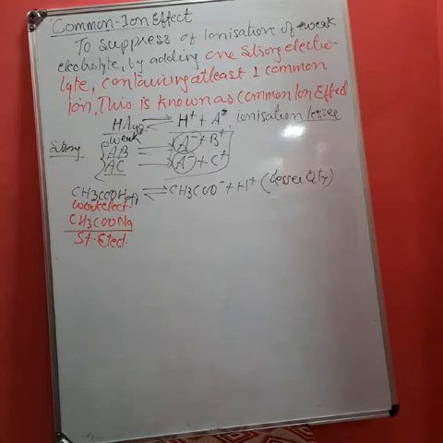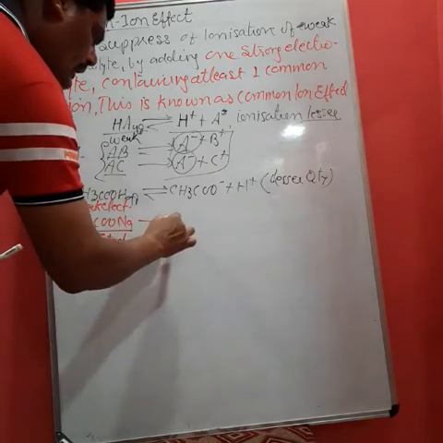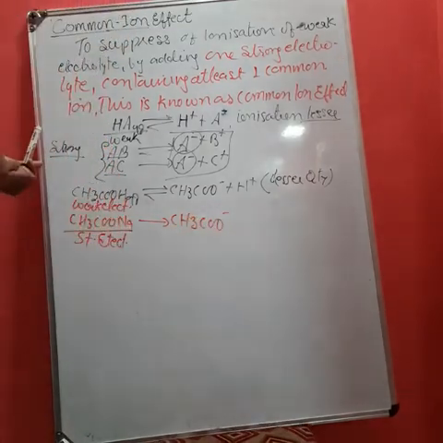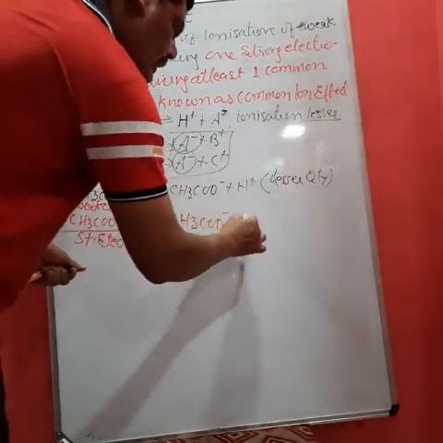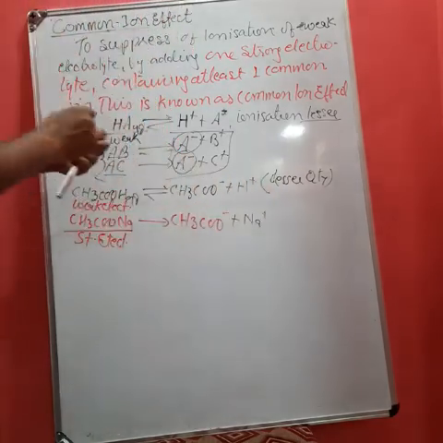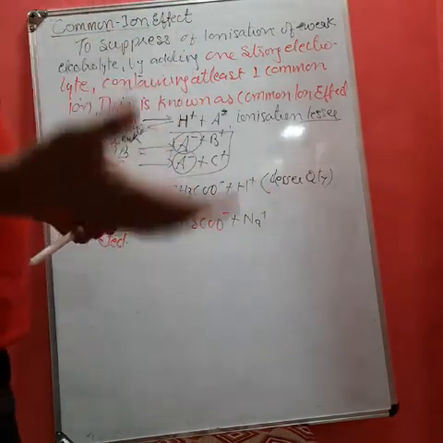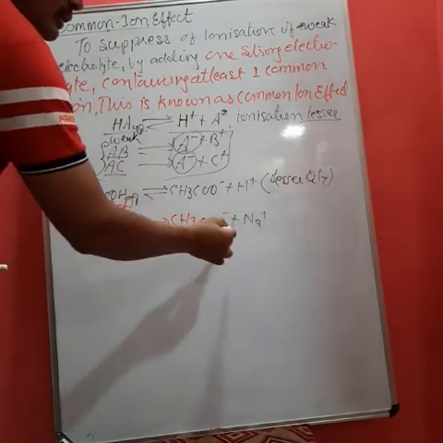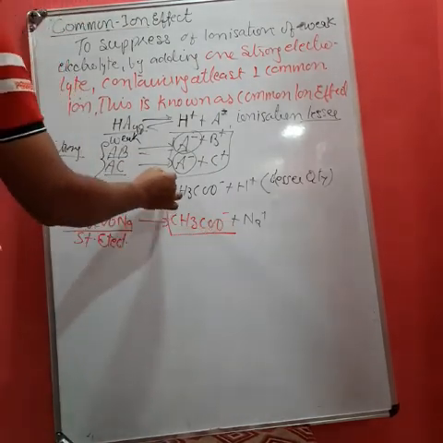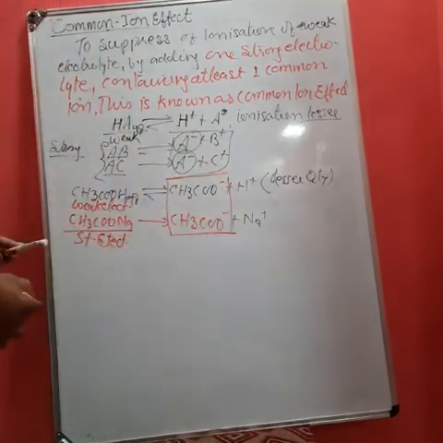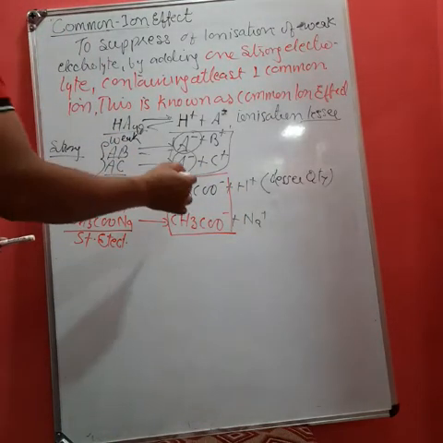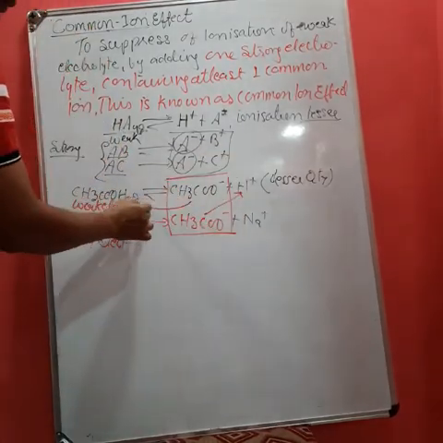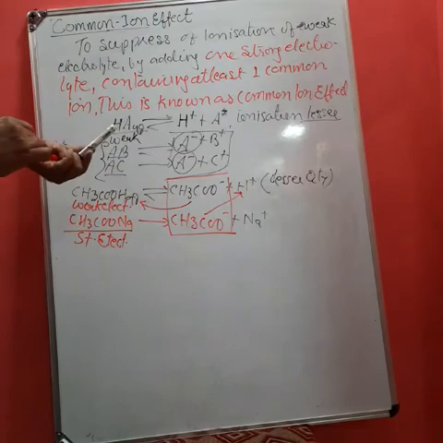Being a strong electrolyte, it will produce a large number of acetate ions plus Na cation. Now student, you know, according to Le Chatelier's principle, if on the product side one of the ionic concentrations increases, then the increased concentration will react with H cation, and therefore the reaction will shift in the backward direction.